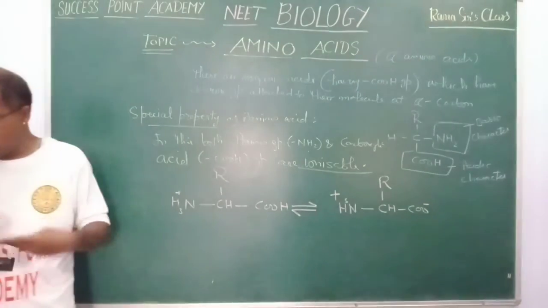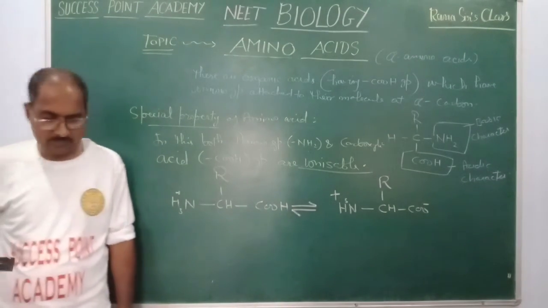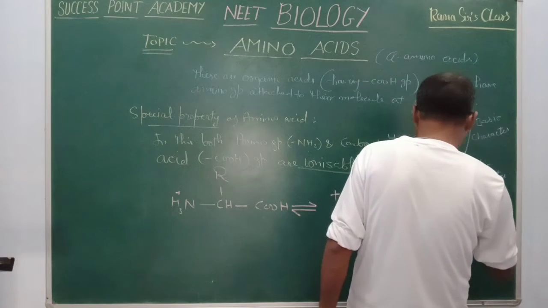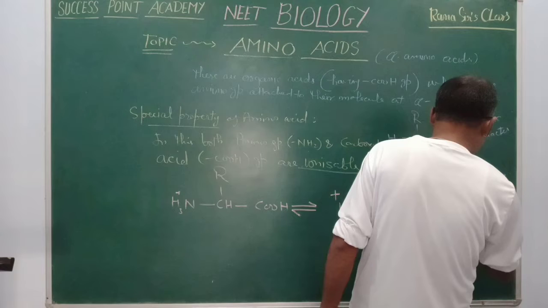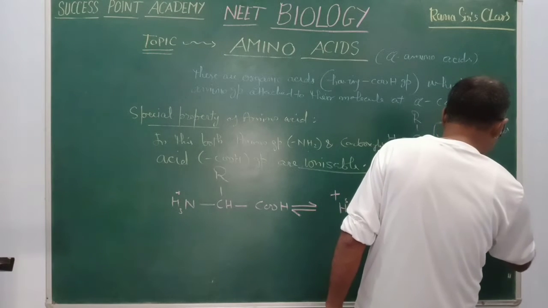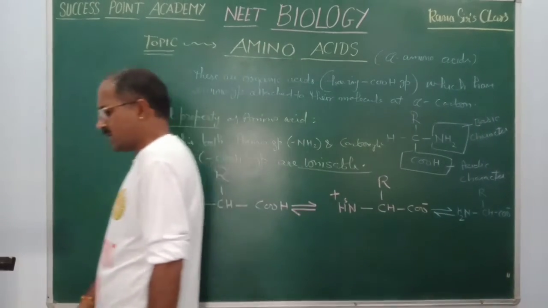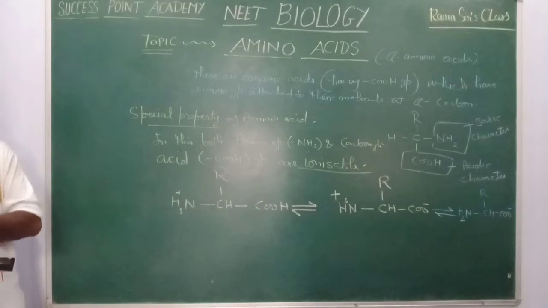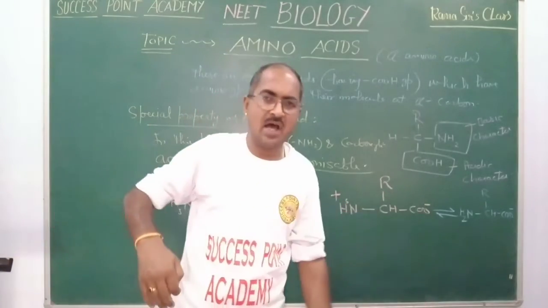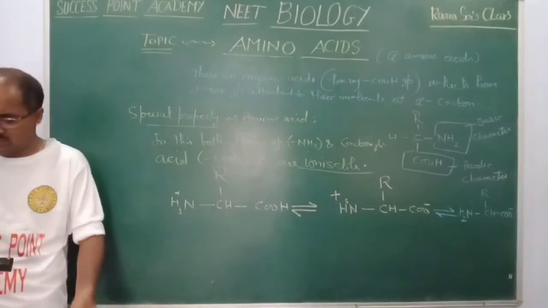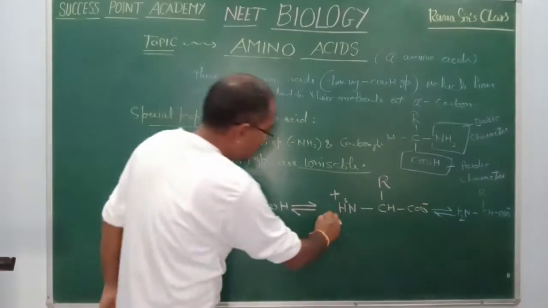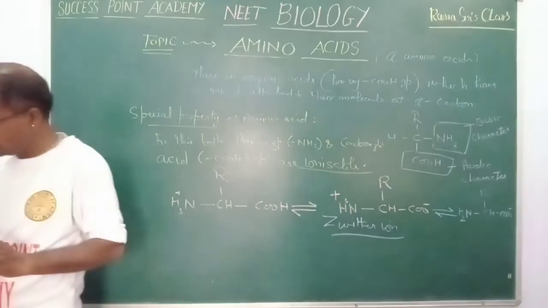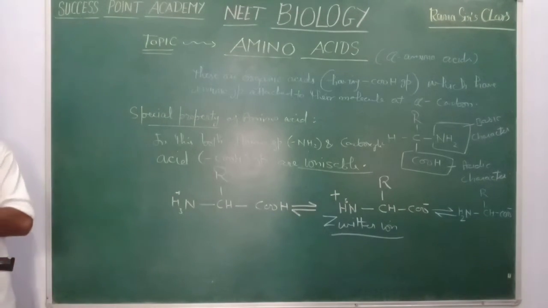Look here, then note how it happens. This is how the structure of an amino acid changes in different types of solutions having different pH values, and this is called zwitterion.